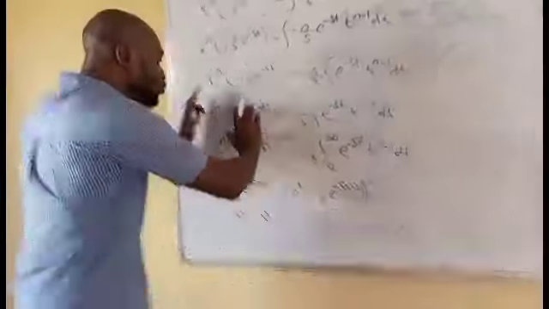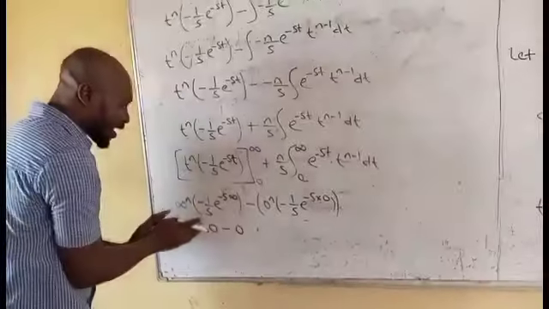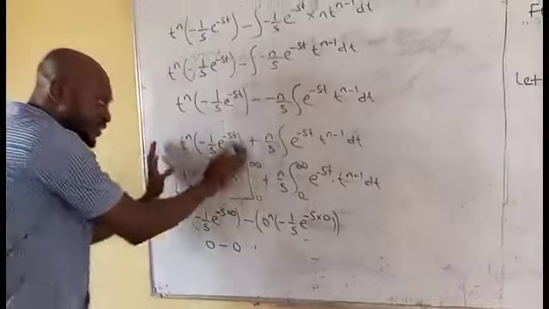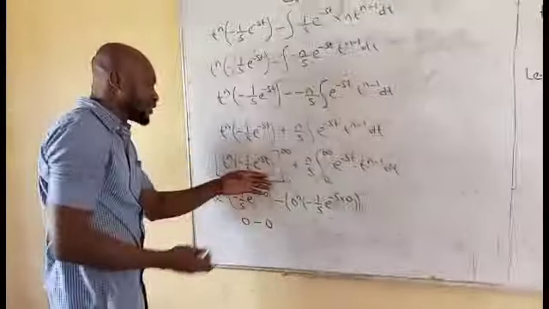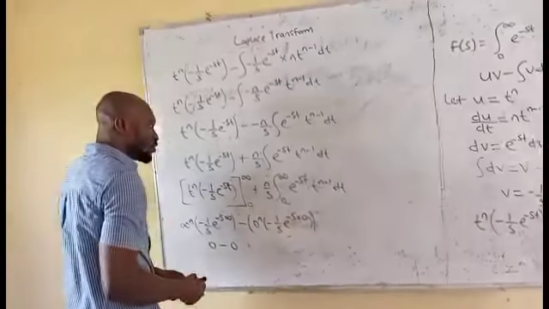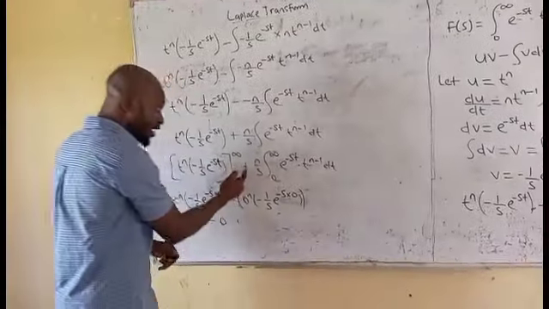So the evaluation of this one now is this and this, because I evaluated this using the upper limit minus lower limit, which is this. This one has the upper limit and this one has the lower limit. And then, mind you, there is a plus here.